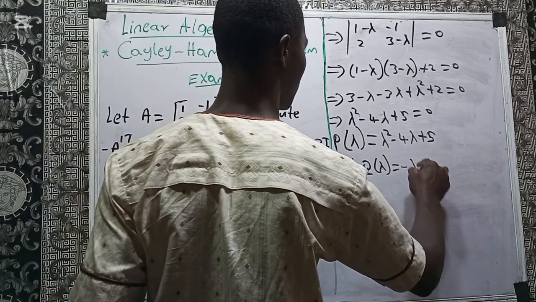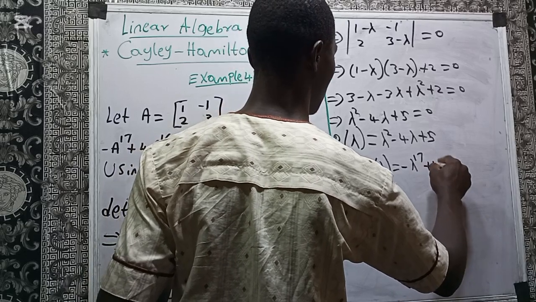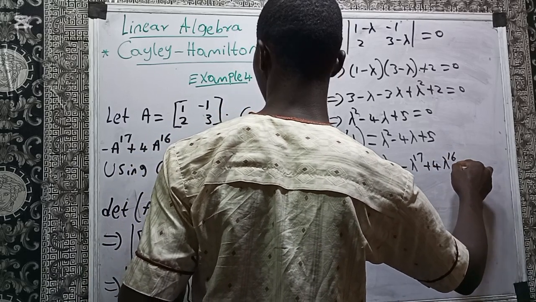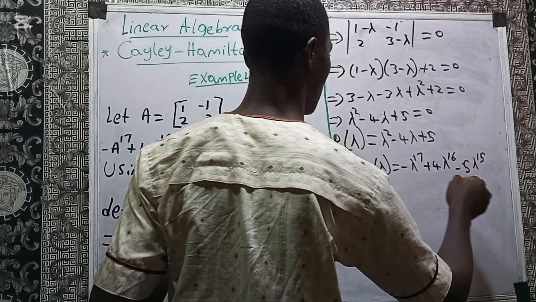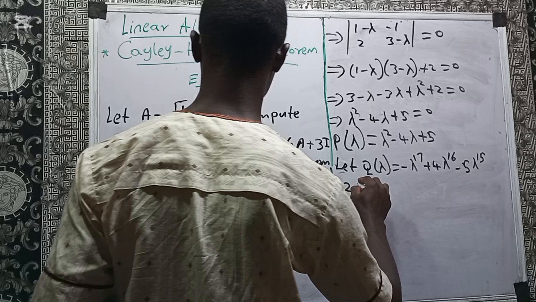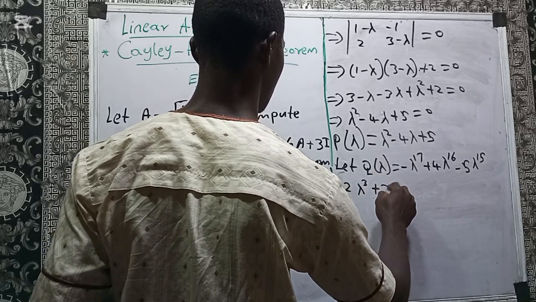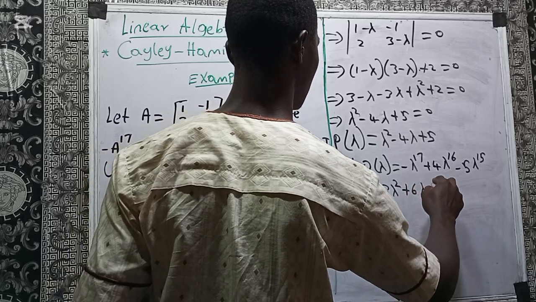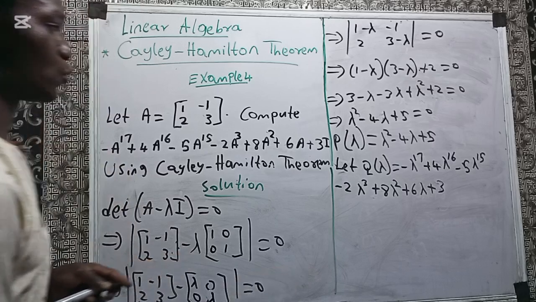So we have Q of lambda equals negative lambda raised to power 17 plus 4 lambda raised to power 16 minus 5 lambda raised to power 15 minus 2 lambda raised to power 3 plus 8 lambda raised to power 2 plus 6 lambda plus 3. So this is what we have.